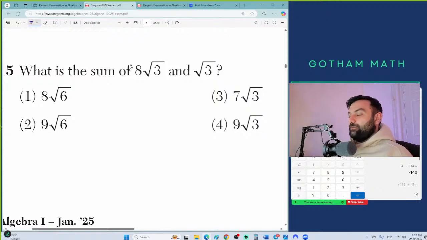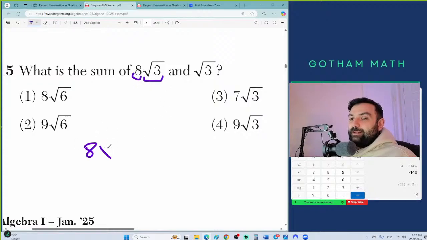I'll show you something that I've noticed myself. I don't know if it's being taught like that, but I've noticed that radicals behave just like x. Let's say this is 8 and this is x, like 8x.